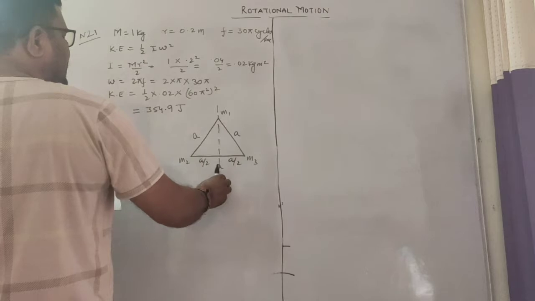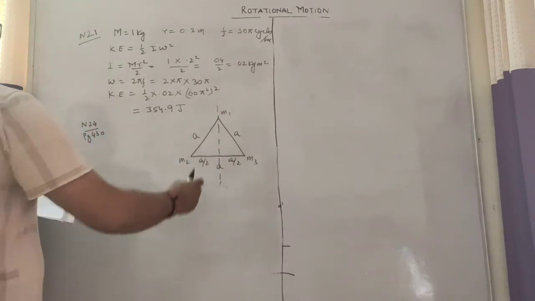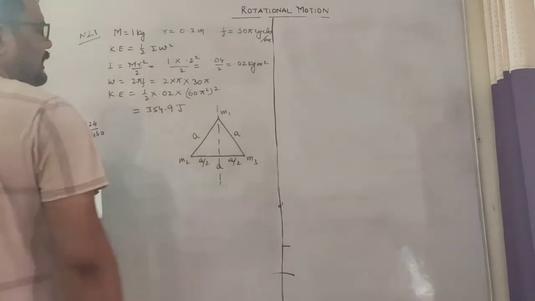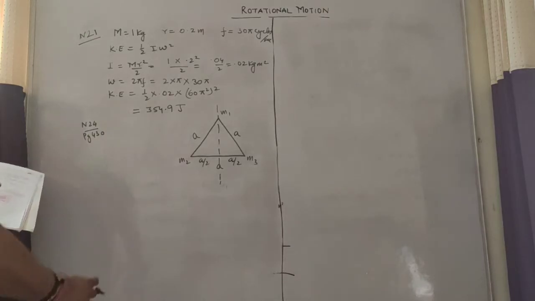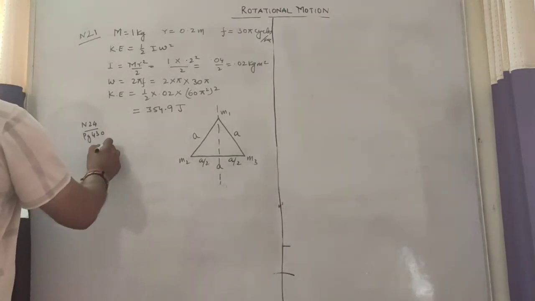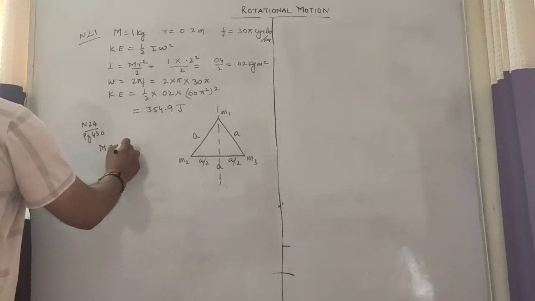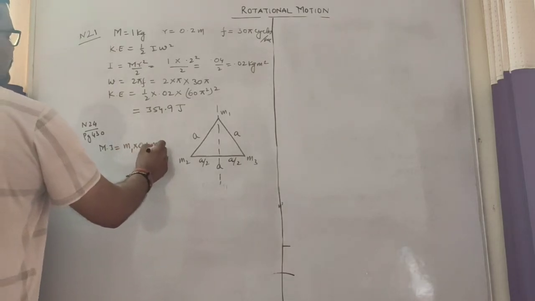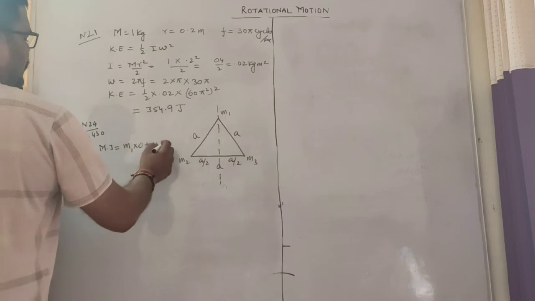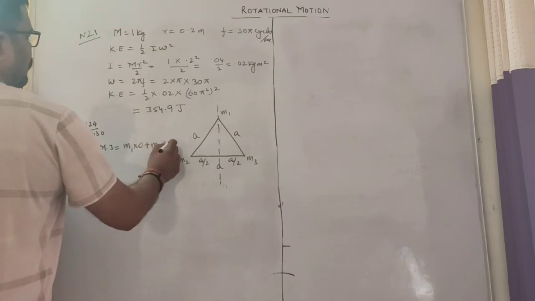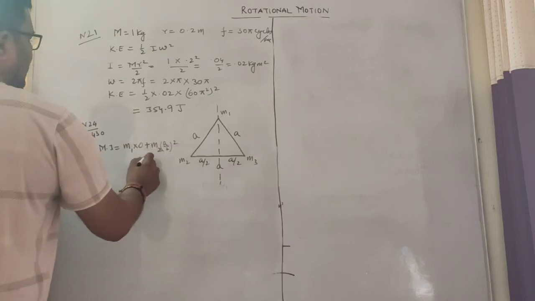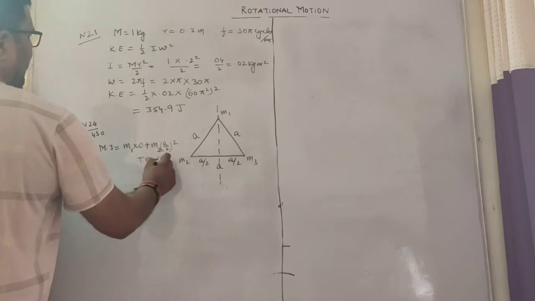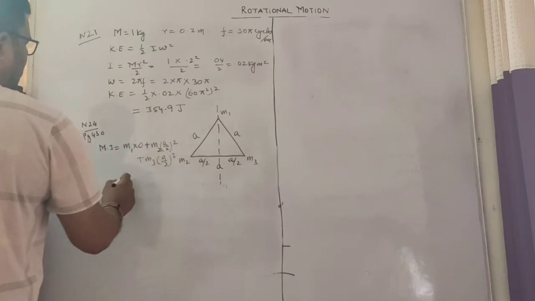I need to find moment of inertia about this axis passing through M1, so M1 will be neglected, point of M1 will be neglected. So the moment of inertia is equals to m1 into 0 plus m2 into a by 2 whole square plus m3 into a by 2 whole square.